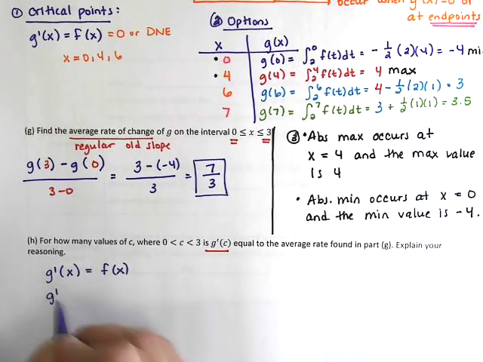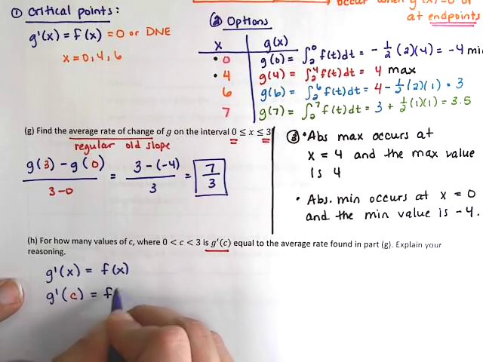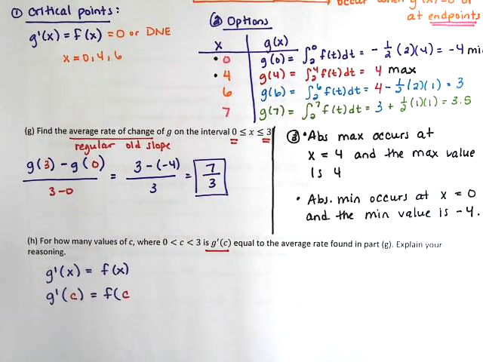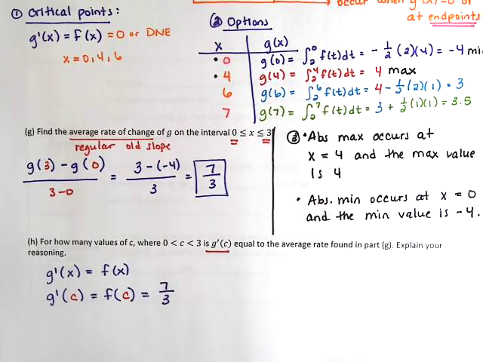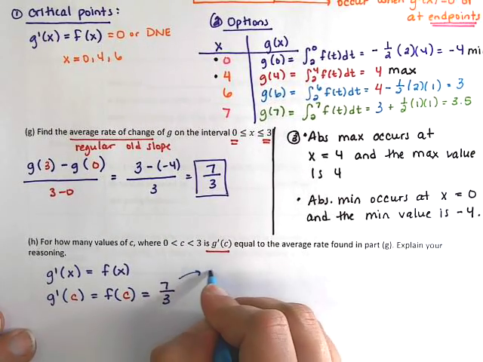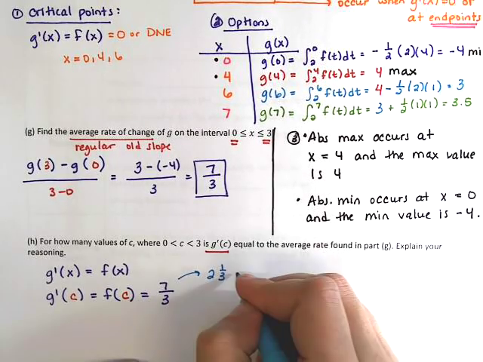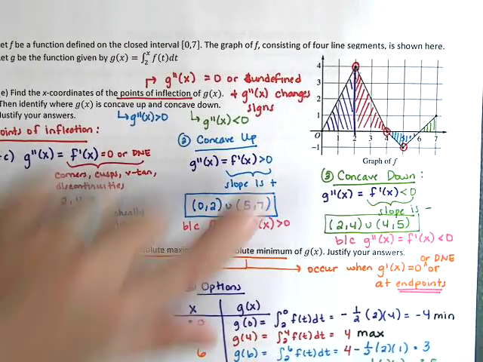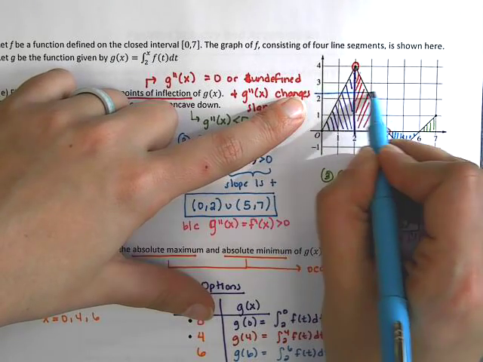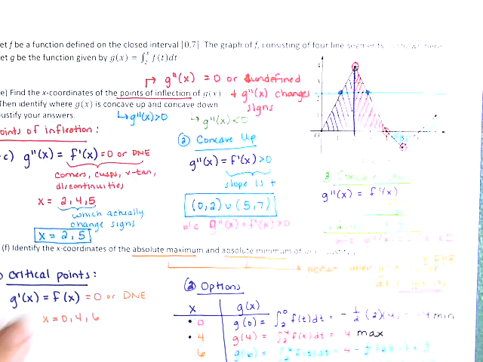So g prime of c is really just f of c. And we want to know if we ever equal 7/3. 7/3 is 2 1/3. So is the y value ever 2 1/3? Well, if we look back up here at the graph, 2 1/3 would be a horizontal line like right there, which means I'm going to achieve that y value twice.